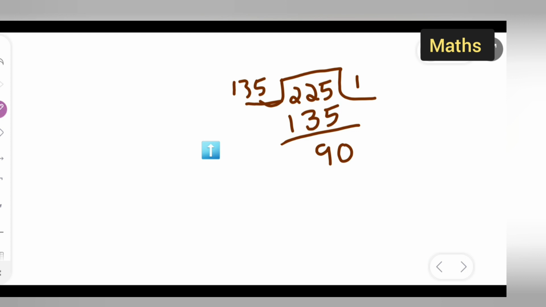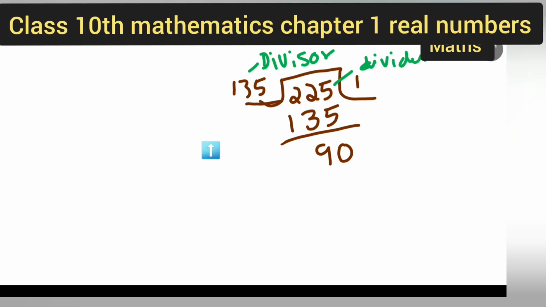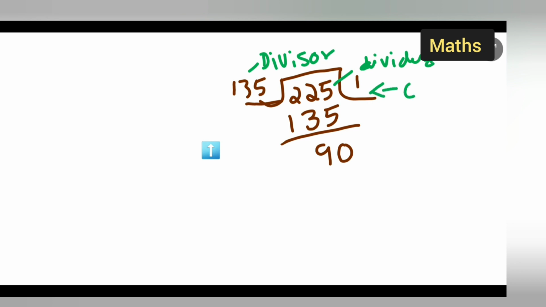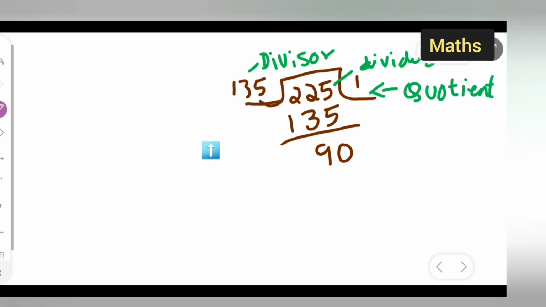Basically this is your divisor, and this will be your dividend, and this is your quotient. So remember this concept.